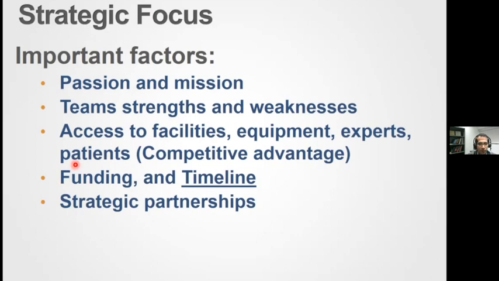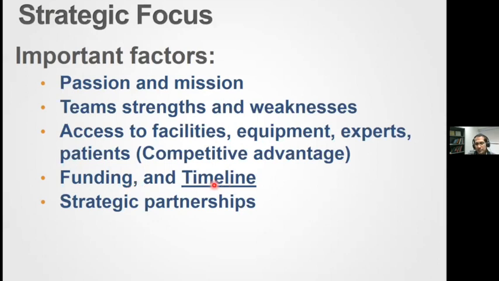For example, if you're in a small city that only has maybe a specific type of hospital that only has access to a specific type of patient group, maybe we cannot explore other areas that we don't have access to the corresponding patient groups. Also, it's critical, apart from the funding, which is obvious, to consider the timing.